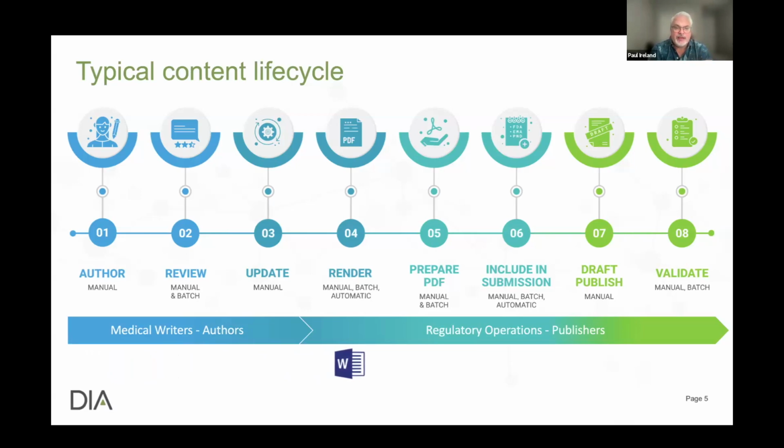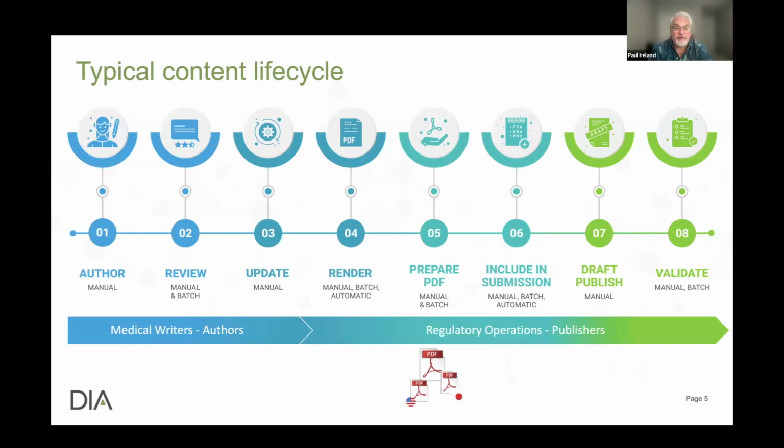At various points in the life cycle of the content, those documents will be rendered or converted into PDF. Again, that can be a manual process in some organizations using desktop tools. It can be batch, or it could be automated as part of your document management system as well. Those PDFs are often then prepared to be included in submissions.